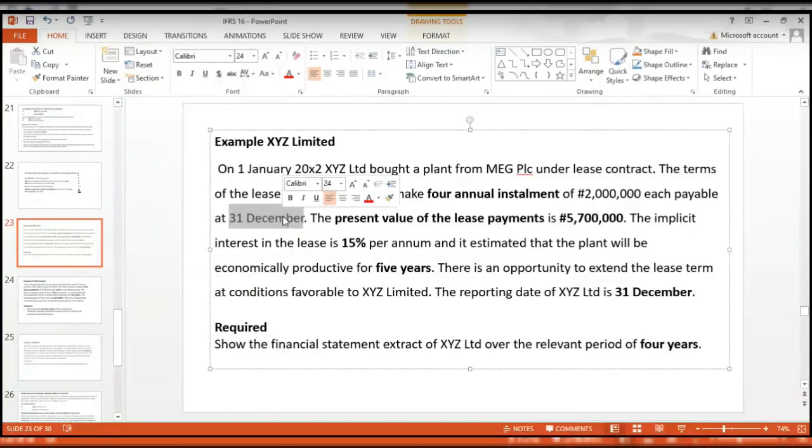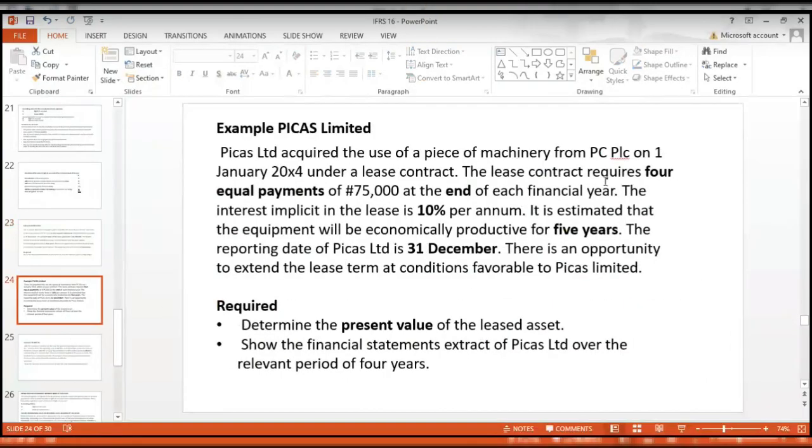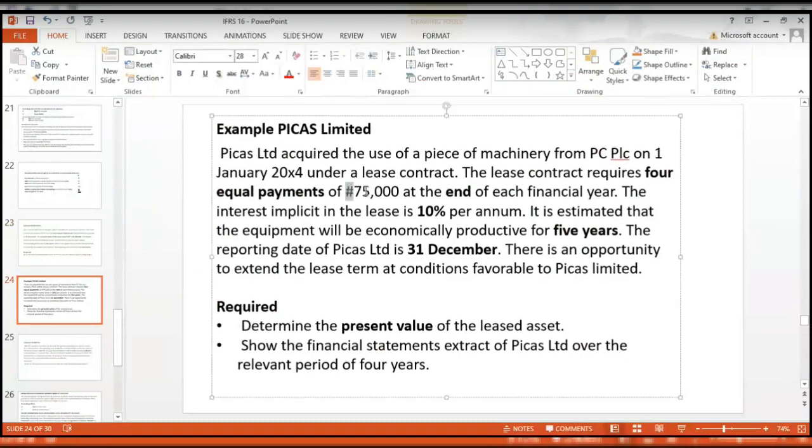This is lease payment in arrears. And this one we just treated now says that the lease contract requires 4 equal payments of this amount at the end of each financial year. So it is lease payment in arrears.